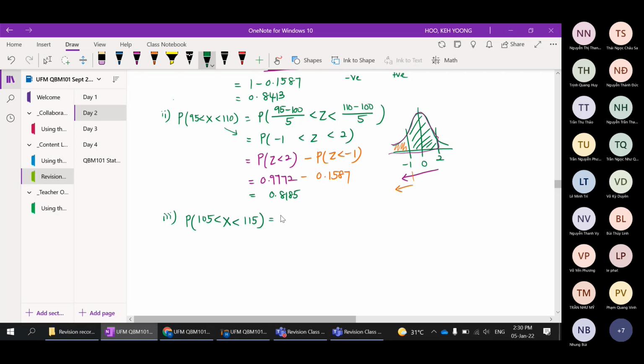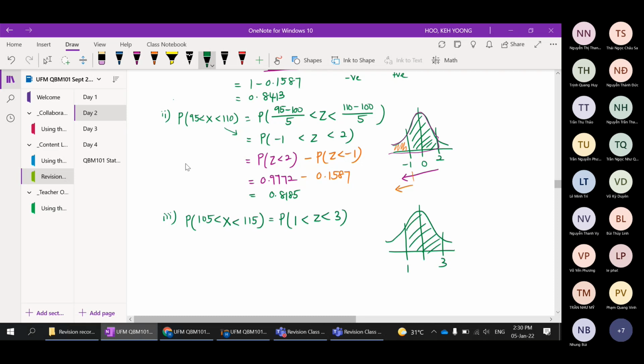So convert both to Z. If I don't want to show the conversions, I can straight away write this: Z is between 1 and 3. You minus the mean, divide by the standard deviation, you will get 1 and 3.